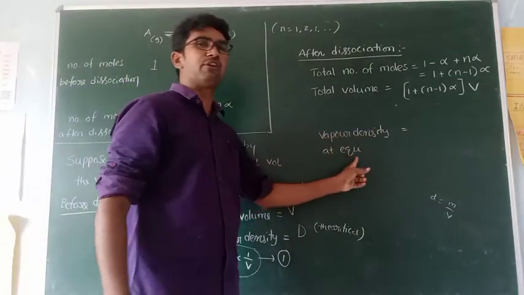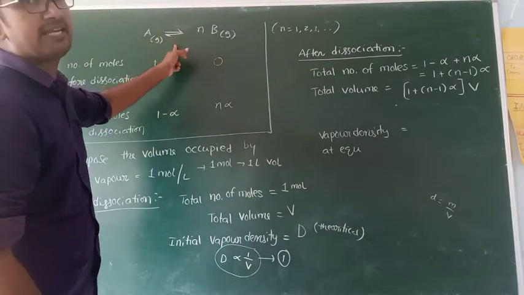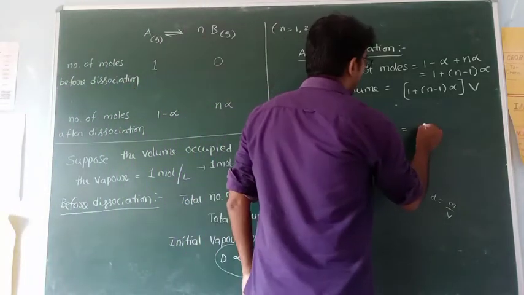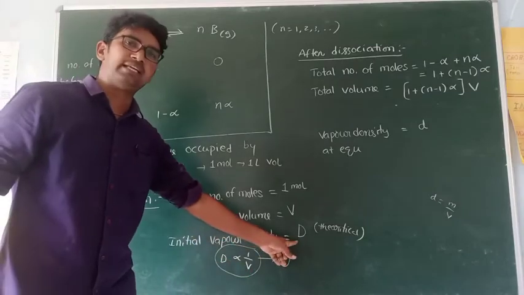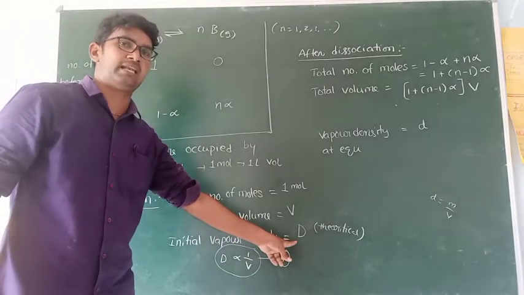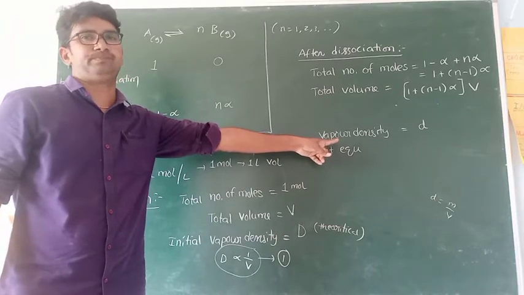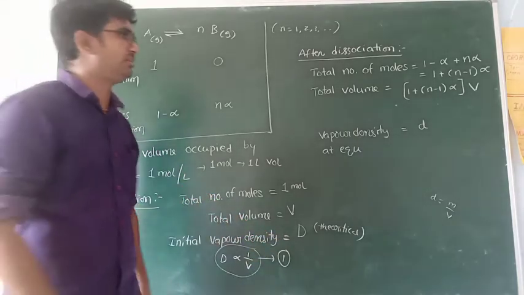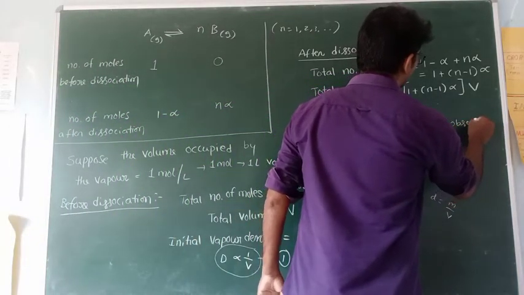Now vapor density at equilibrium. Because after completing the reaction, equilibrium is attained in this reaction. So this is taken as small d. Remember all of you, capital D means initial, small d means at equilibrium of the reaction. So capital D is the theoretical value, and small d is an observed value.